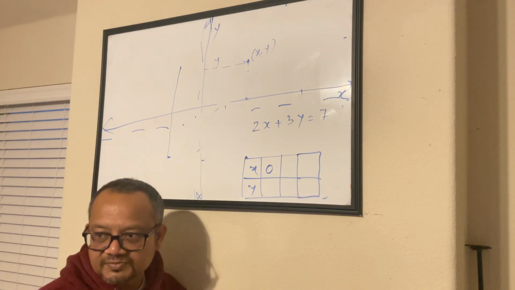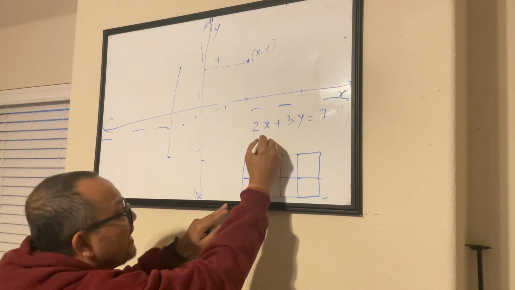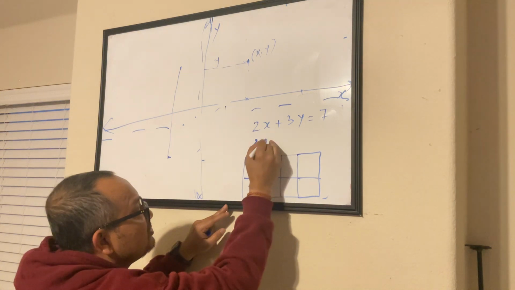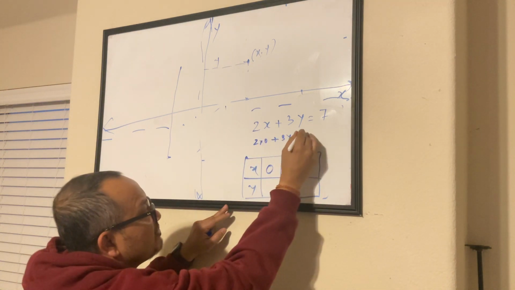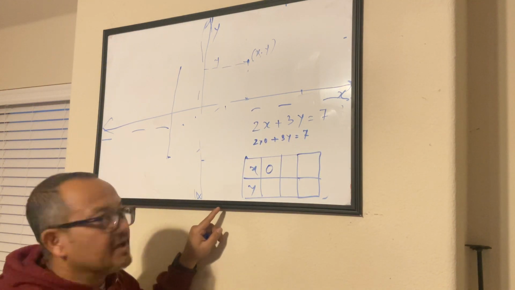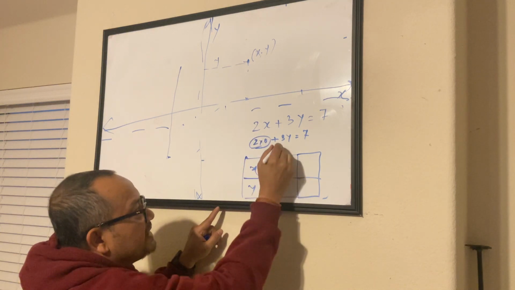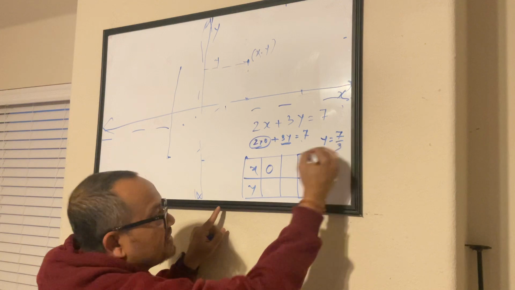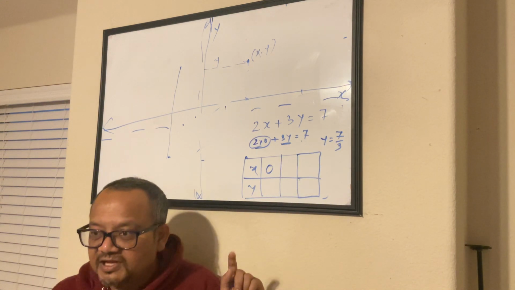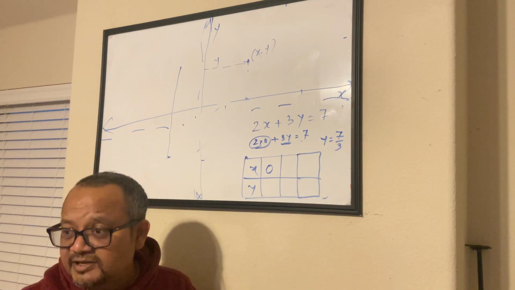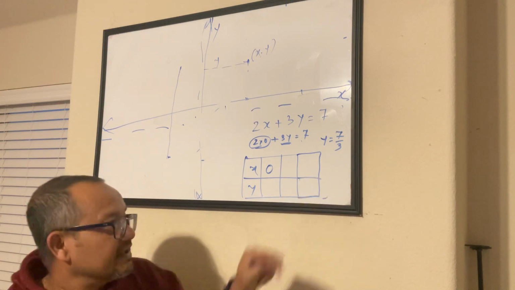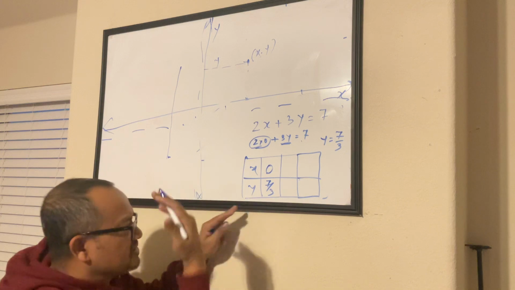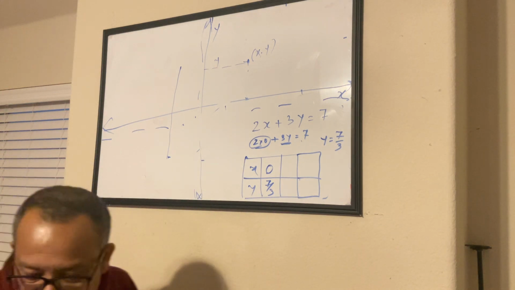So if I put x equal to 0, 2 times 0 is 0 and 3y will be equal to 7. That means y will be equal to 7 by 3. This is what Advik was telling me, 2.33 or something. So when x is 0, y is 7 by 3, which is a little more than 2, less than 3.